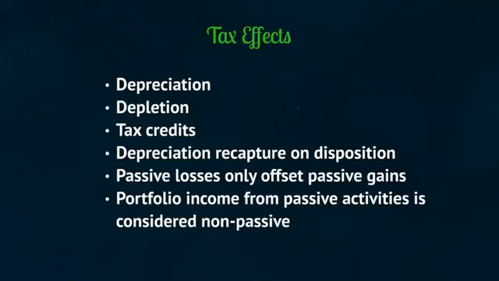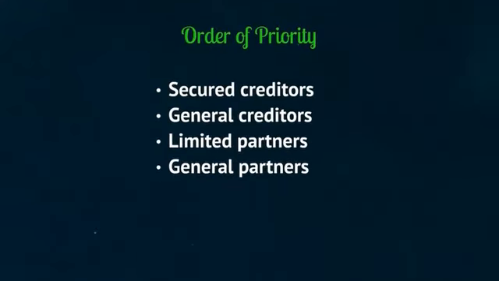There might be tax credits from those tax laws we might be depending on for our return. There could be depreciation recapture. And an important feature to remember is that passive losses cannot offset your active investment gains or ordinary income. They can only offset other passive gains on your taxes. So that's an important thing for maybe your own investments or for the exam.